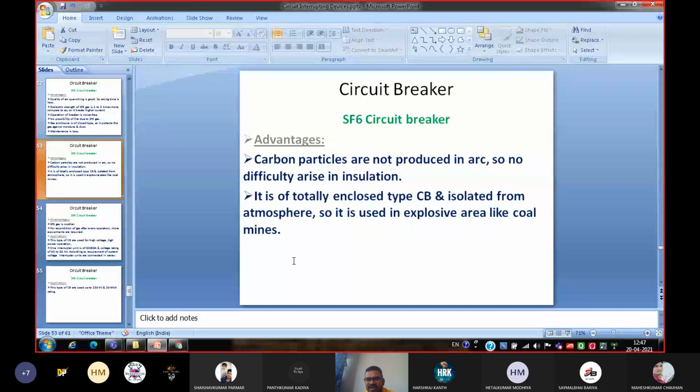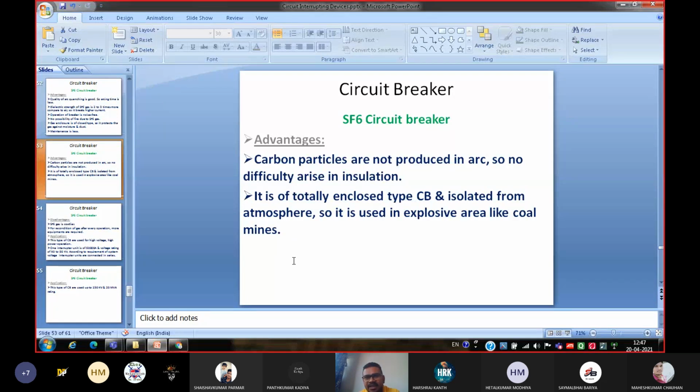One another thing, here in SF6 circuit breaker, carbon particles are not generated, not produced. Unlike in oil circuit breaker, what happens? In oil circuit breaker, carbon particles are generated, and due to the carbon particles, the dielectric strength of oil is reduced, or we can say that the insulation level is reduced.